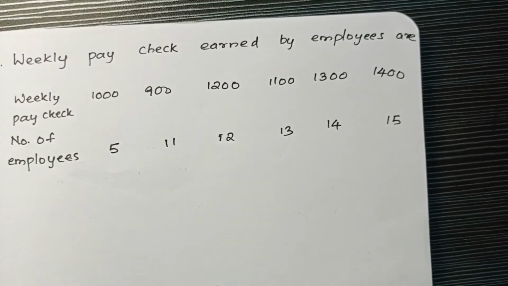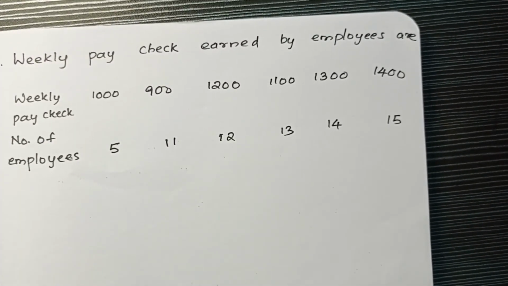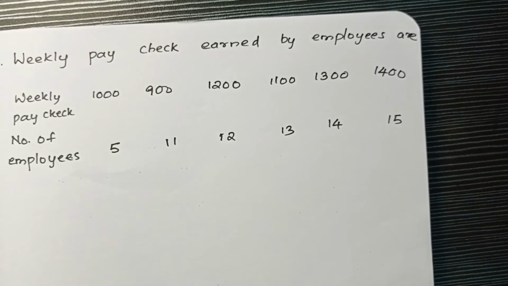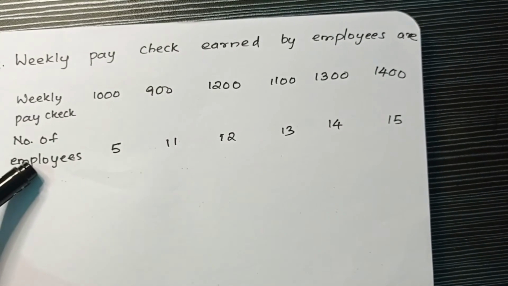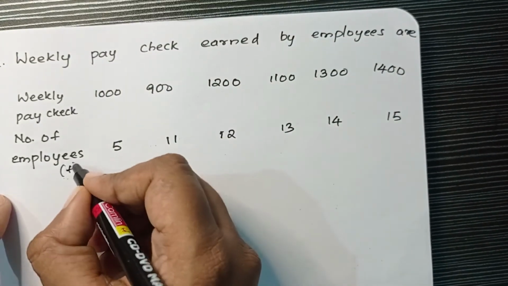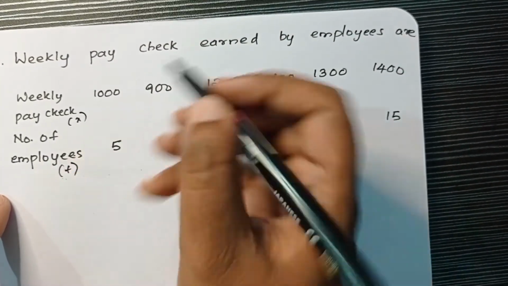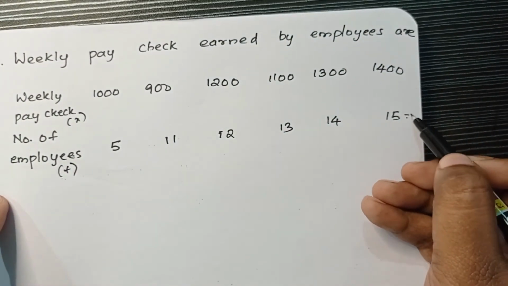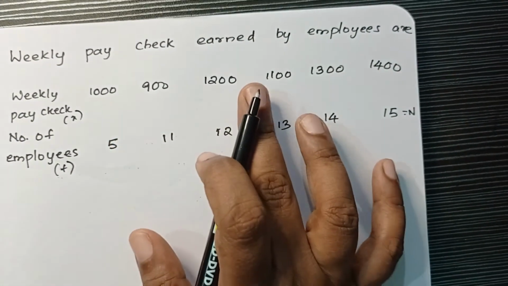So here the weekly paycheck earned by employees is given, and also the number of employees is given. That means this is frequency f, and this is x, and the total of this is n, and then we have to multiply.